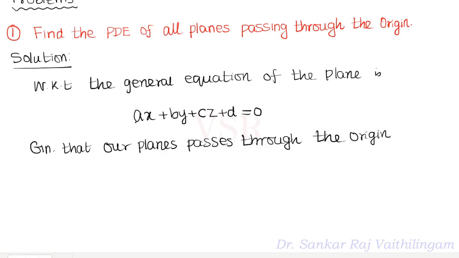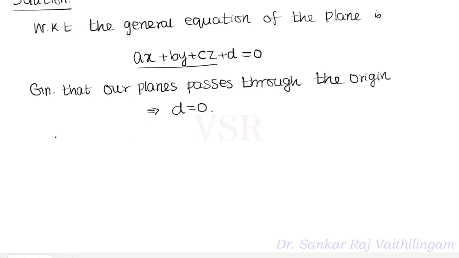That is, when it passes through 0, 0, 0, if you put 0 for x, 0 for y, and 0 for z, this becomes completely 0. Therefore d equal to 0. So this implies that d must be equal to 0. Okay, so what is the equation of the plane? That is ax plus by plus cz which is equal to 0. So this is my first equation.